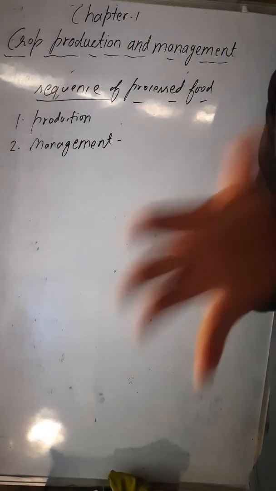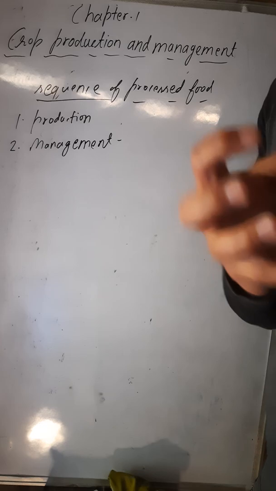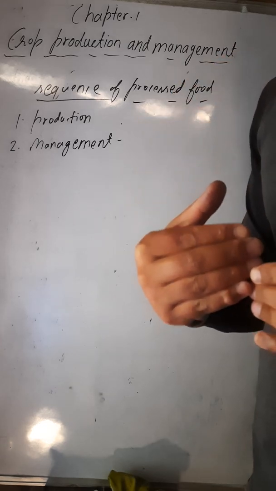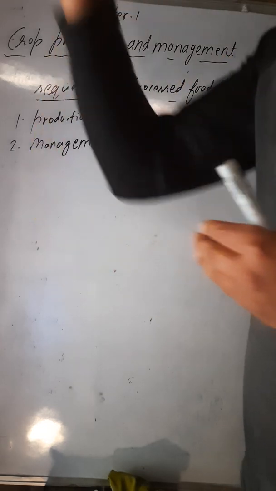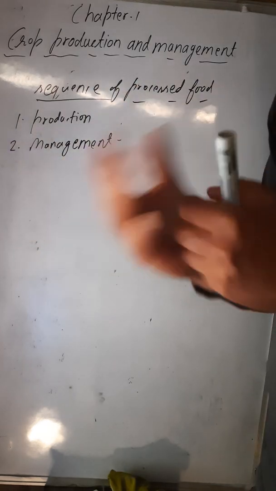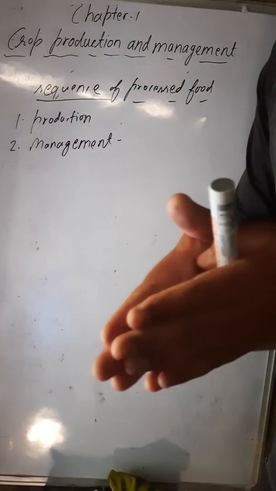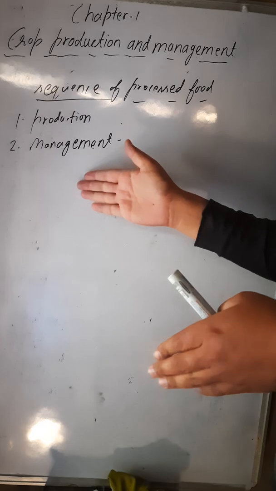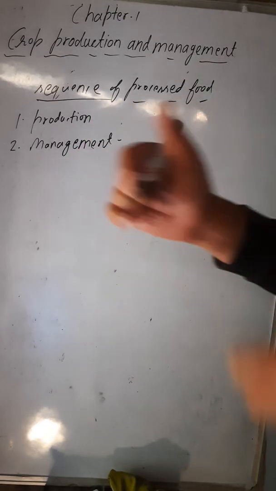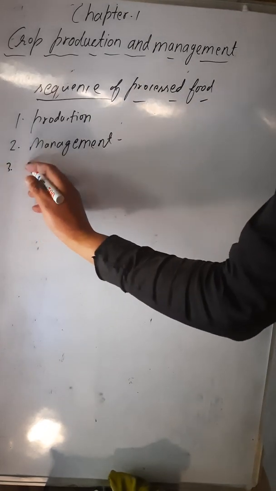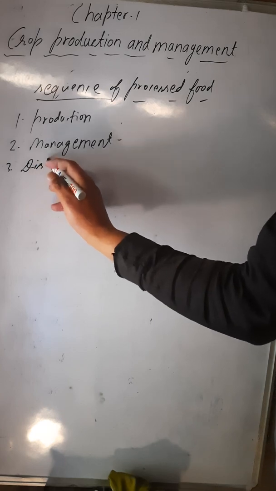Suppose you are consuming rice in this season, and now you want to consume this rice in another season also. So what do we need? We need to preserve this rice. This comes under management, that is, the storage. Then there comes the distribution to the people.